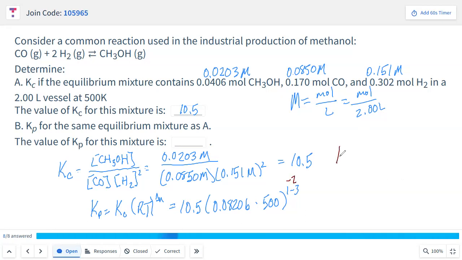So Kp is going to be equal to 10.5 over the quantity 0.08206 times 500 squared.